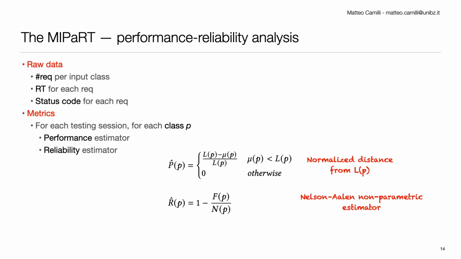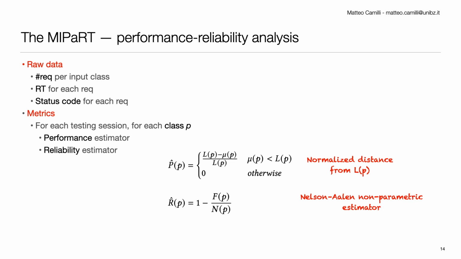So for each testing session, we collect the following raw data. Essentially the number of requests per each input class, the response time for each issued request, and a corresponding status code. For each testing session and for each input class, we compute the following two metrics: the performance estimator and the reliability estimator.